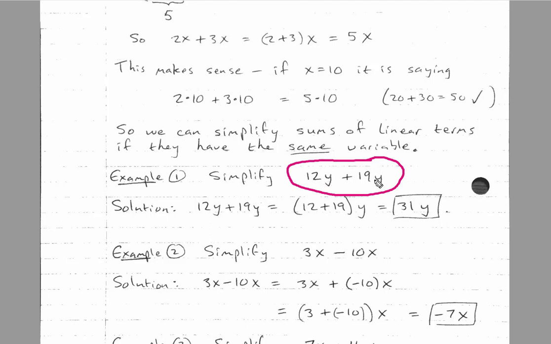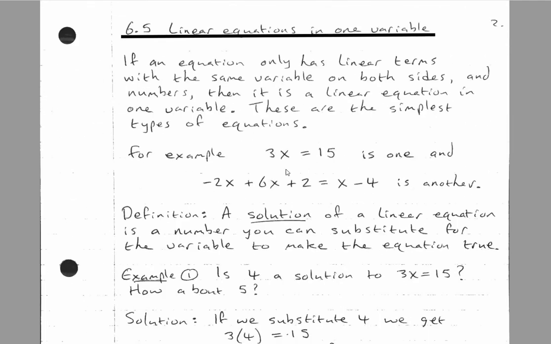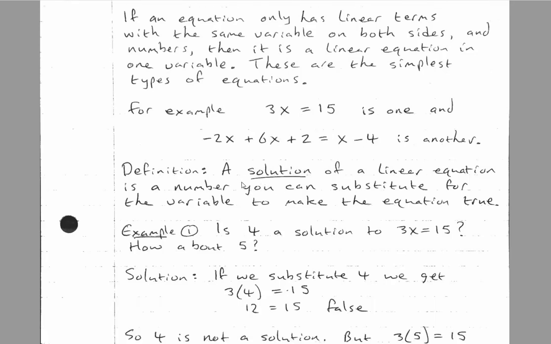So this is just an algebraic expression. Same here. But now we're talking about equations, and equations can have solutions. A solution of a linear equation is a number you can substitute for the variable to make the equation true, to make the left side equal the right side.